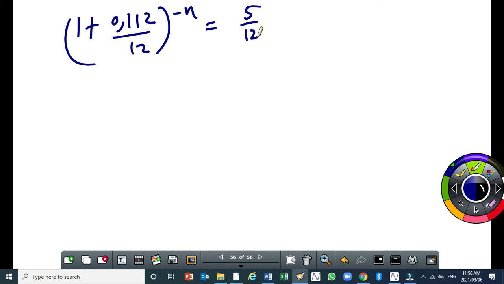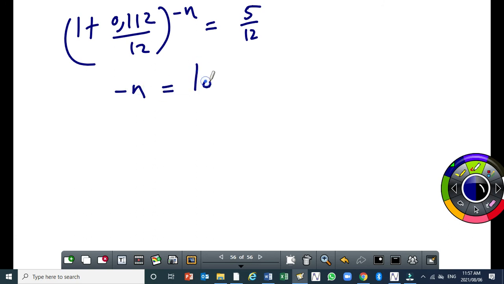Then, this is now an exponential equation. We want to solve for n, but the n is negative. That's not a problem, because the logarithm of a fraction between 0 and 1 is a negative value. So eventually your n must be a positive answer. So we drop down the n, but it will be negative.